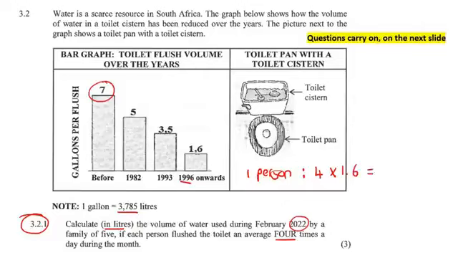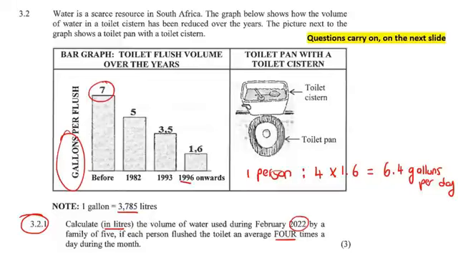That will be how many gallons, because remember that's still measured in gallons, so that's 6.4 gallons per day. That's what one person is going to use.